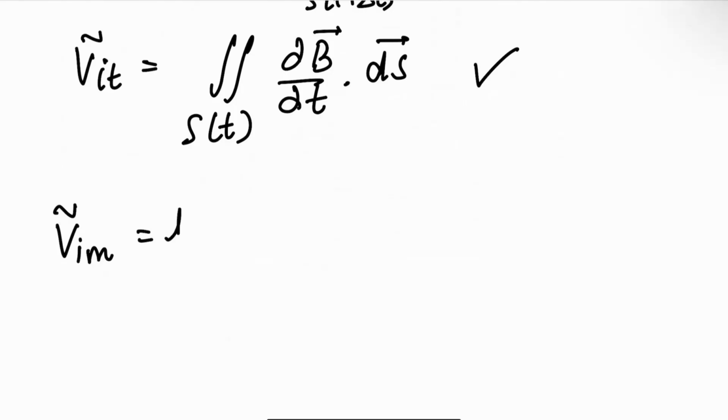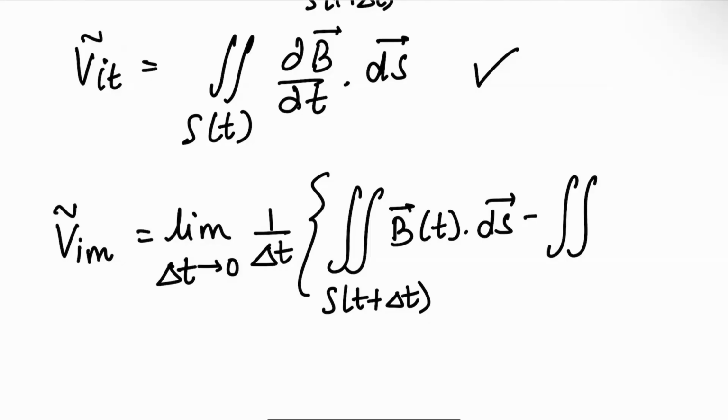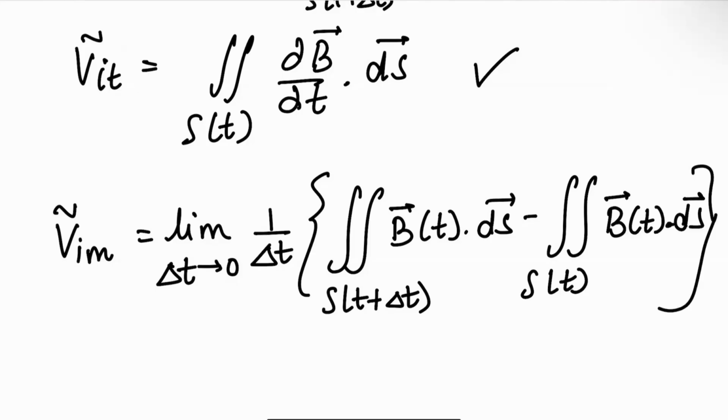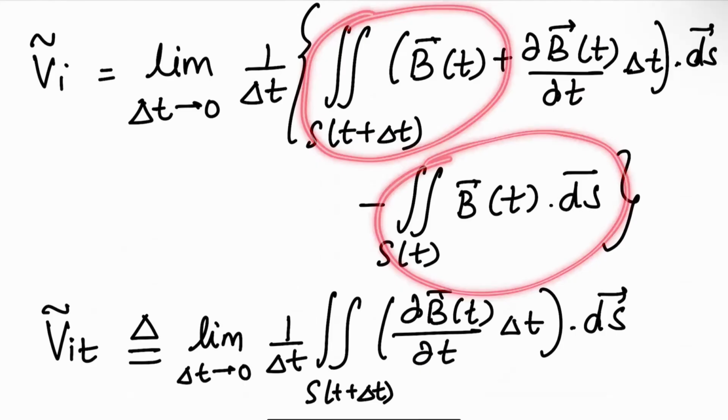You have the limit as delta t goes to 0 of 1 over delta t times the surface integral at S of t plus delta t of B of t dot dS, minus the surface integral at S of t, the same thing, B of t dot dS. So these are the remaining terms, this term and this term.